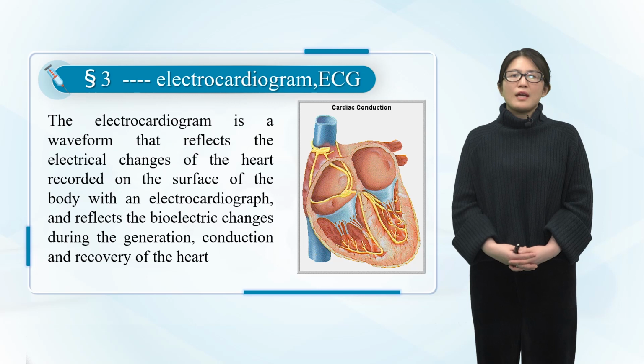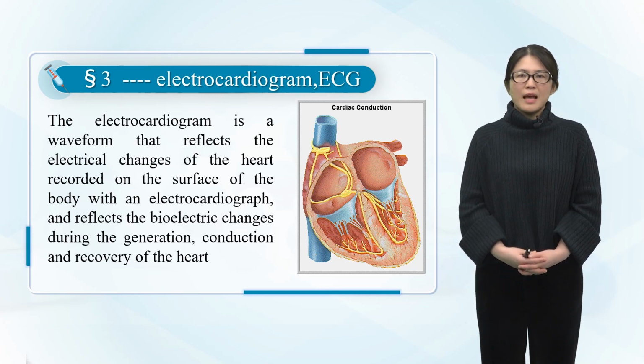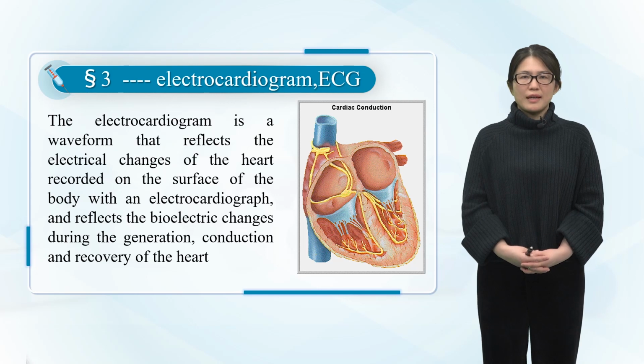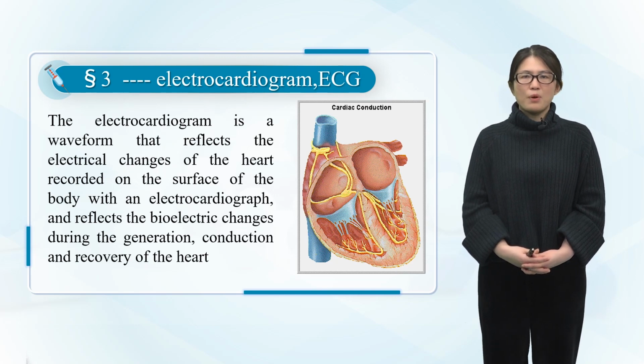The human body is a large volume conductor, and each part of the heart is in the presence of excitement. The bioelectrical activity that appears in the body can be transmitted to the body surface through the surrounding conductive tissues and body fluids.